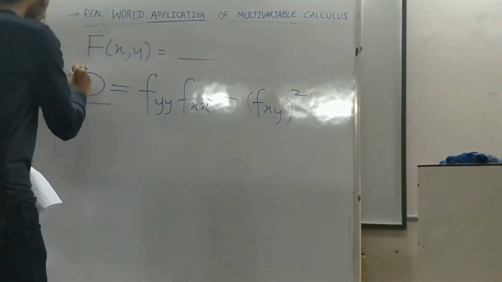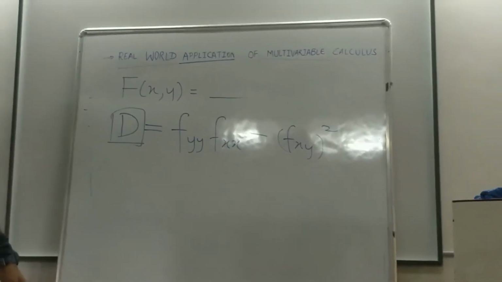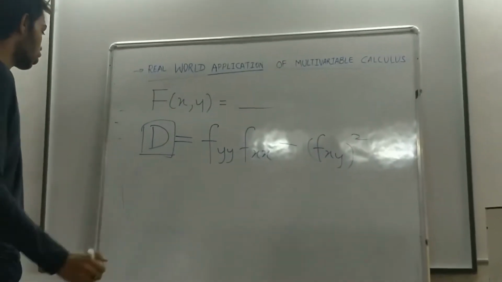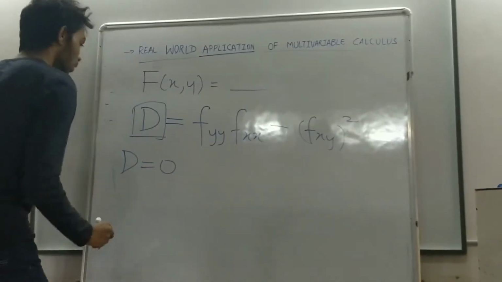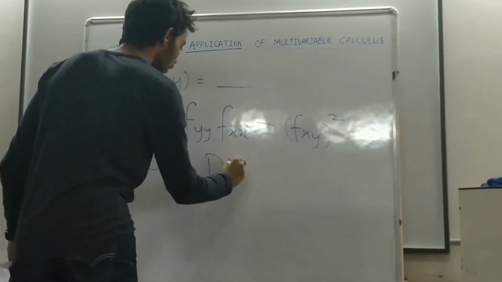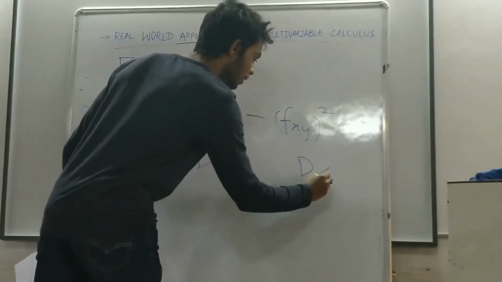This is what we call the discriminant. So basically from this I can come to three possible conclusions. First of all, the discriminant can be equal to 0, the discriminant can be greater than 0, and the discriminant can be less than 0.